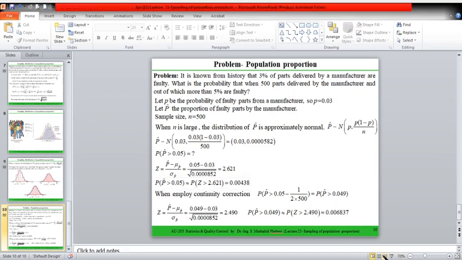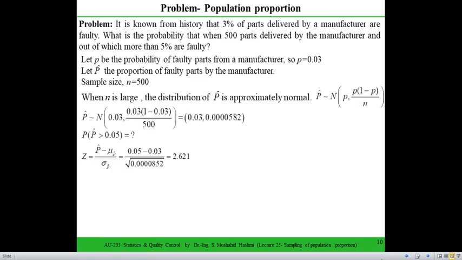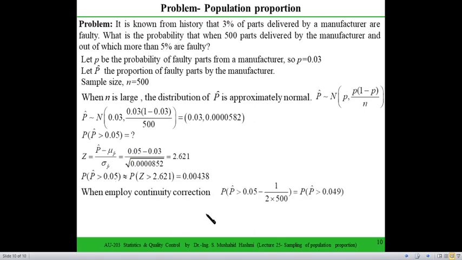So we see that for this particular population, the sample proportion is greater than 0.05, meaning 5% of parts are faulty. So the corresponding probability is 0.4%. So we need to subtract a value which is 1 upon 2n, because n is the sample size. So 1 upon 2n is the formula for making the correction once you are dealing with the population proportion.